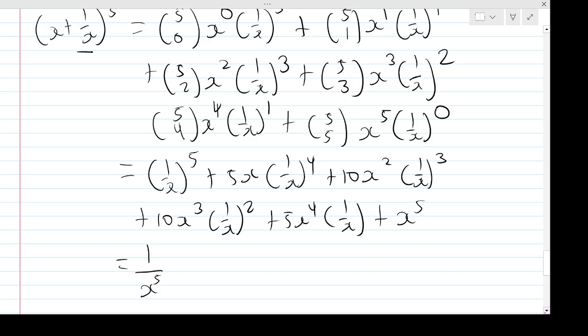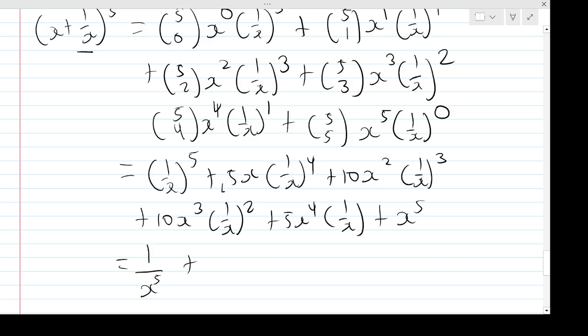Because again, you just raise the top and bottom to power 5. So 1 to the 5 over x to the 5. But obviously 1 raised to any power is just 1. So we just get 1 over x to the 5. Okay, that's just a recap of index laws. But yeah. So we have 1 over x to the 5.